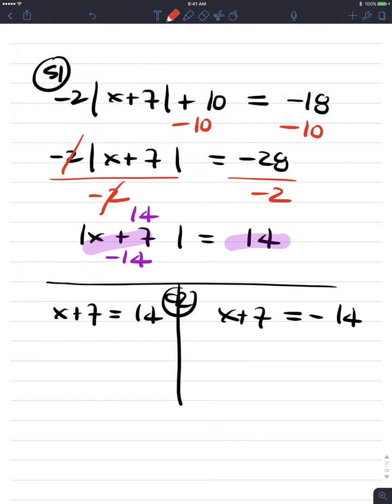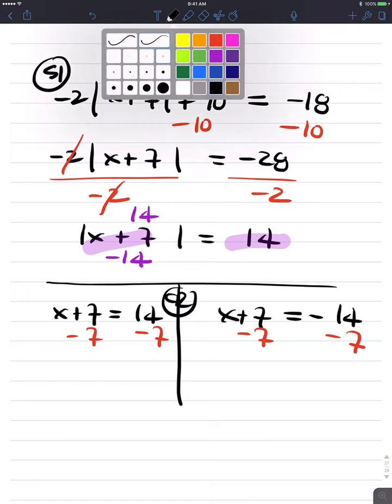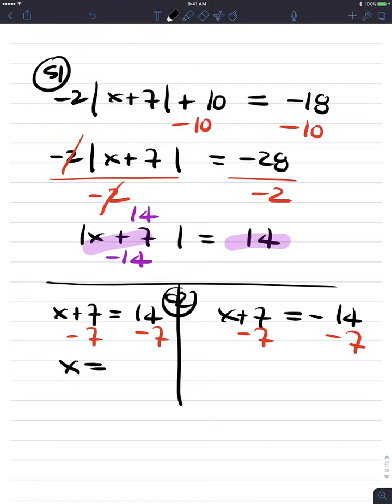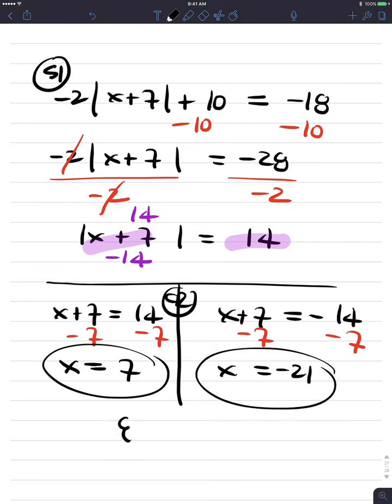Let's solve by subtracting 7 from both sides here. We end up with x being 14 minus 7, which is 7, or x is negative 14 minus 7, which is negative 21. So 7 comma negative 21 is our solution.